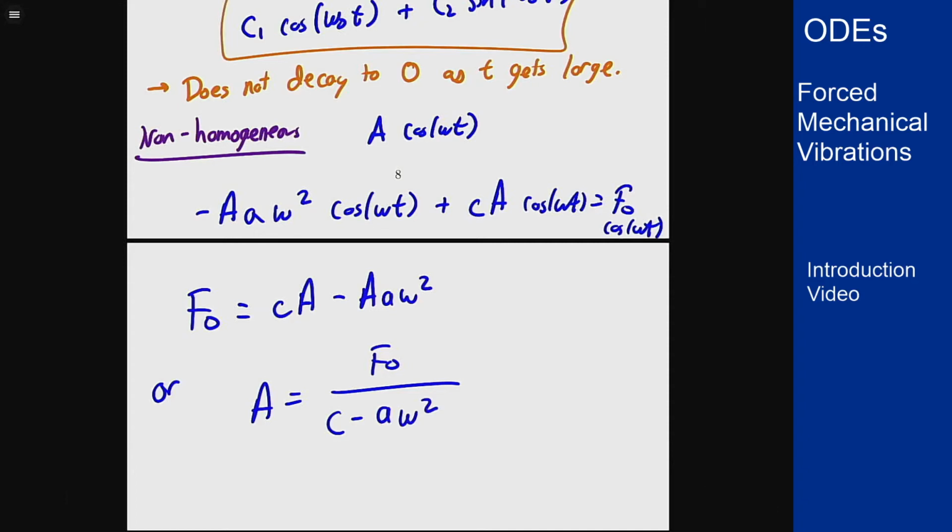Or if you want to write it in a slightly different form, F0 over a times (ω0² minus ω²), because c over a will be ω0².